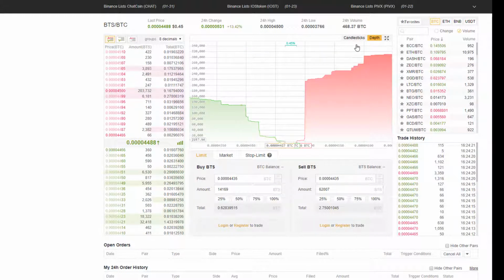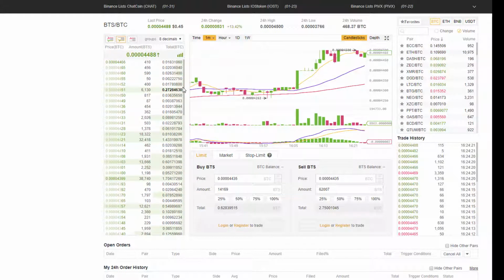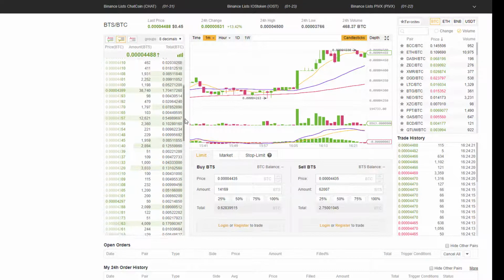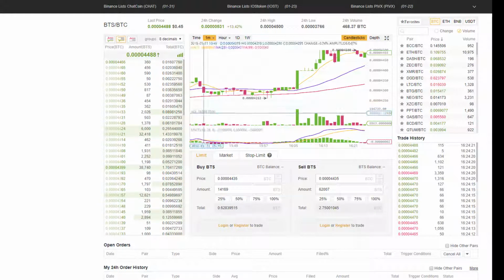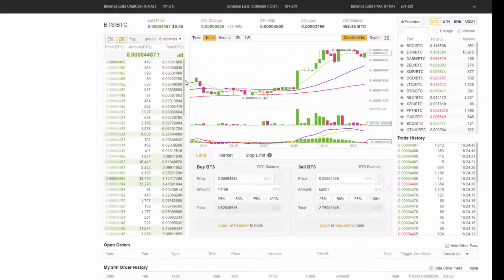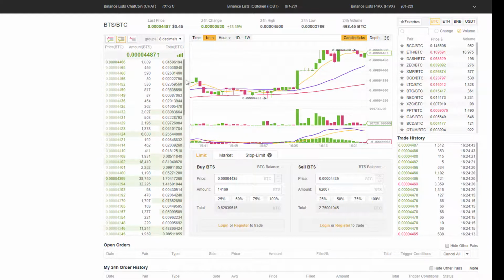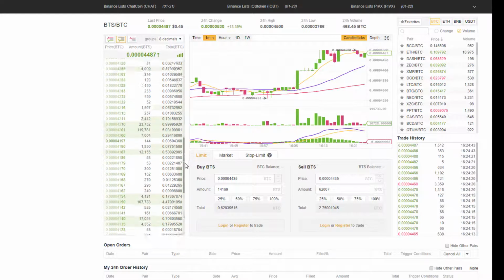And I'm only using the depth chart here just because usually I'd be looking at this and seeing how it's unfolding, because I like the depth chart, don't get me wrong, but I like to see what's happening in the candles, because that represents the emotions and everything else. But what I like to do here is look and see how things are lining up numbers-wise, right?